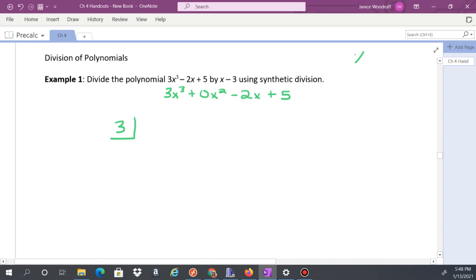So another way you could look at that, you could just remember it's the opposite value, but you could say if I set this equal to 0 and solve it, then I would be going like this. So I'm testing the value x equals 3. And then here I'm going to write the coefficients. So I've got a 3, a 0, a -2, and a 5.